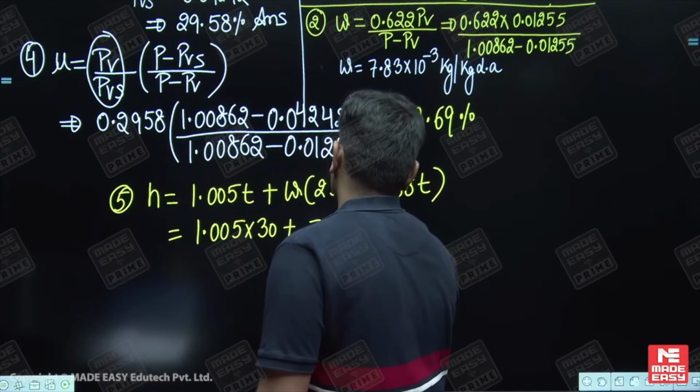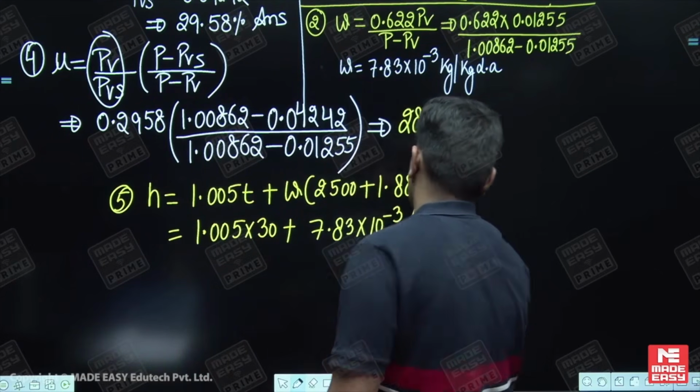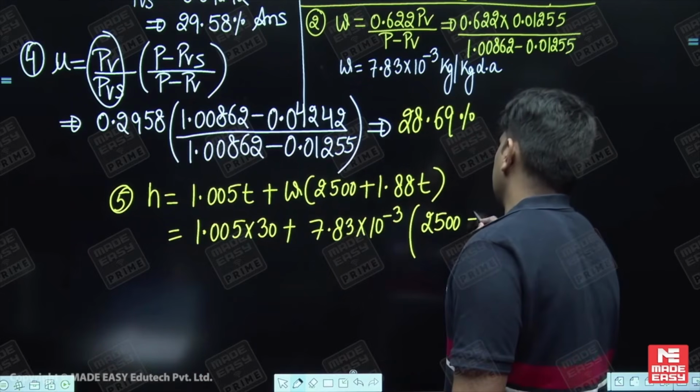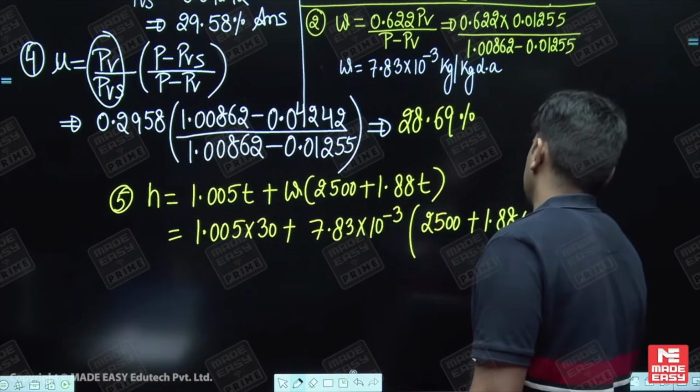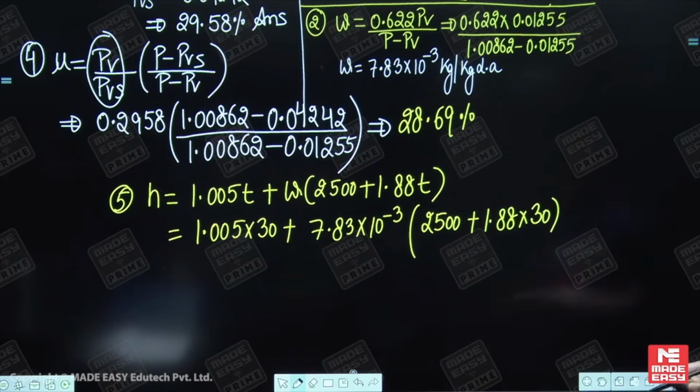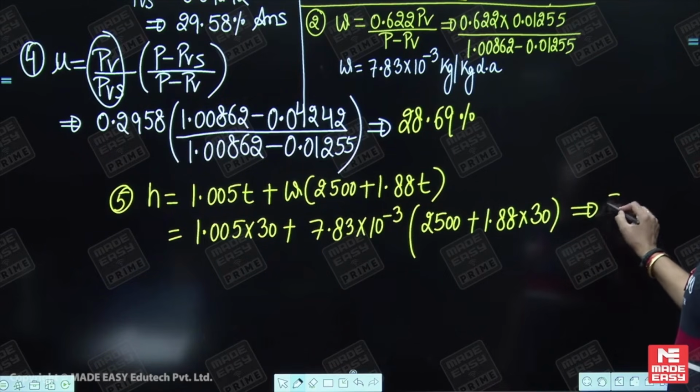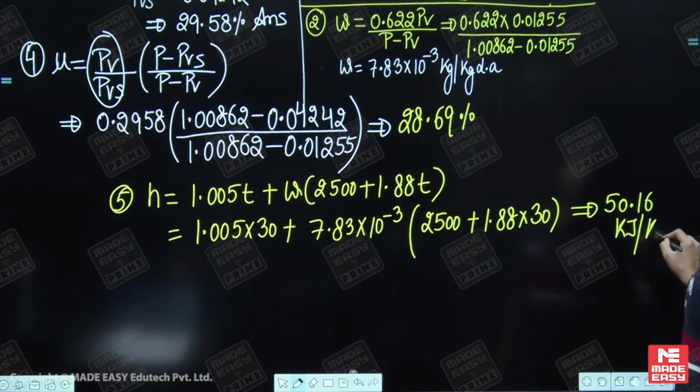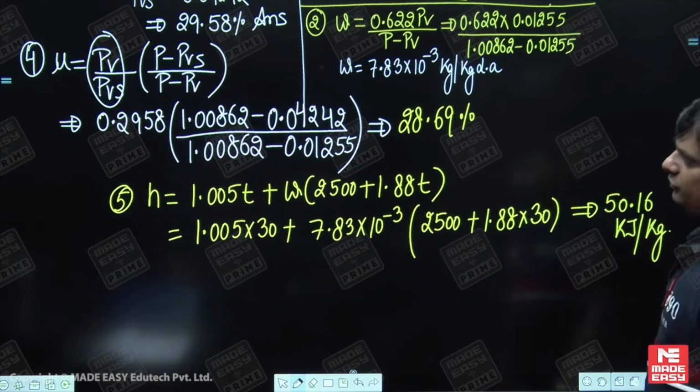So omega is 7.83 into 10 raised to minus 3, and this is 2500 plus 1.88 into 30, plus 1.005 into 30. So this is coming out as approximately 50.16 kilojoule per kg of dry air.